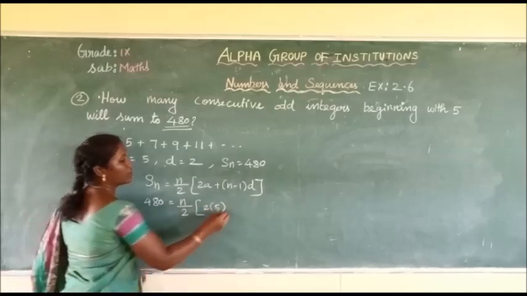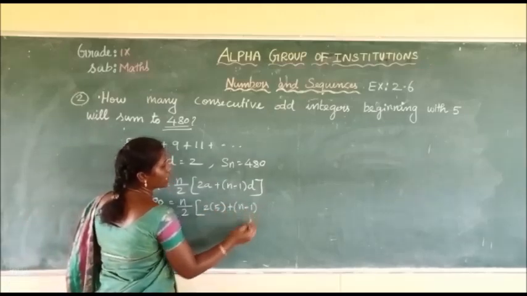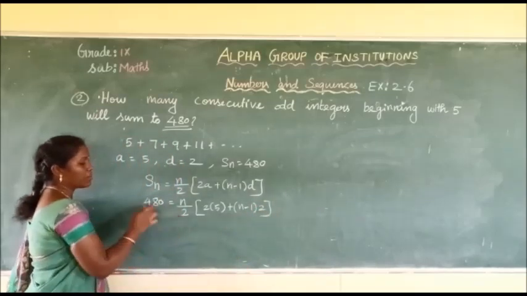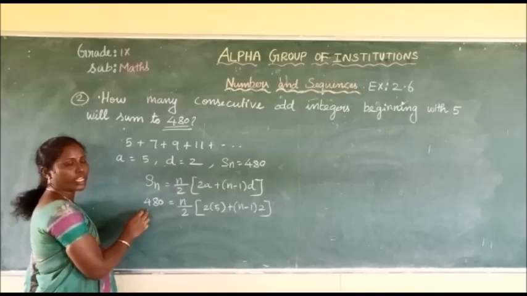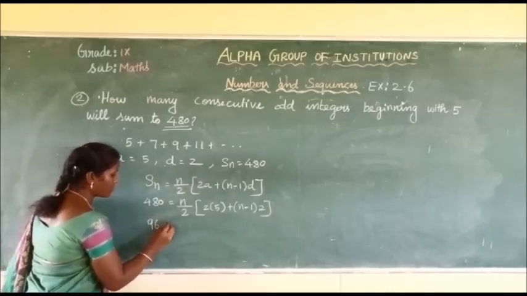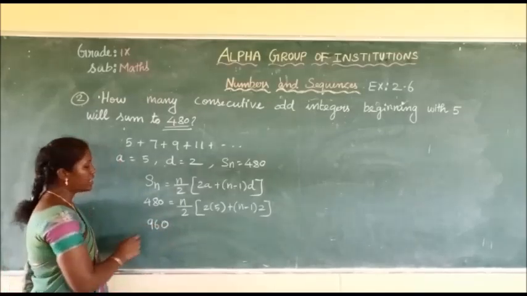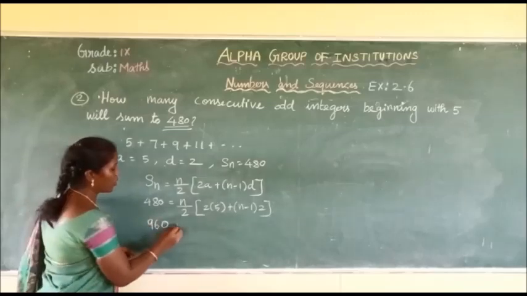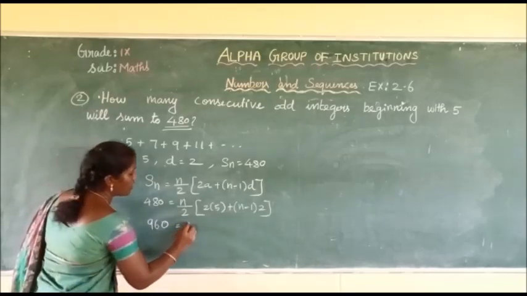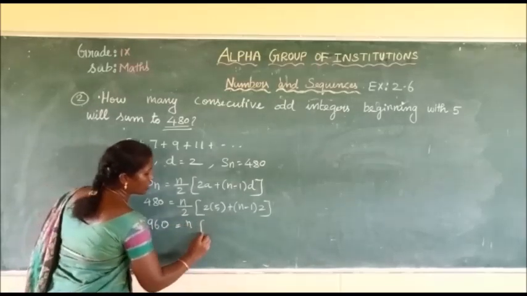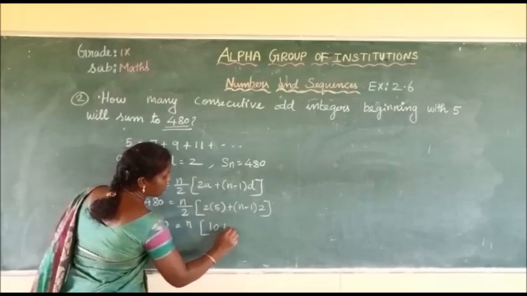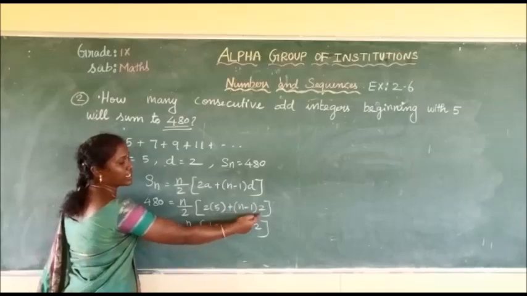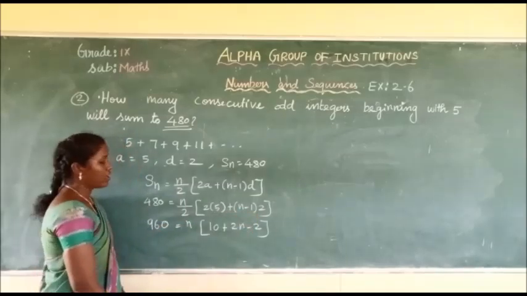So 2 into 5 plus, again we don't know the value of n, so (n minus 1) into the common difference 2. Now I am multiplying to this side of the equation. 480 into 2 is 960, is equal to n times the remaining: 2 into 5 is 10 plus 2n minus 2. If you multiply 2 inside, we have to remove the bracket, so 2n minus 2.